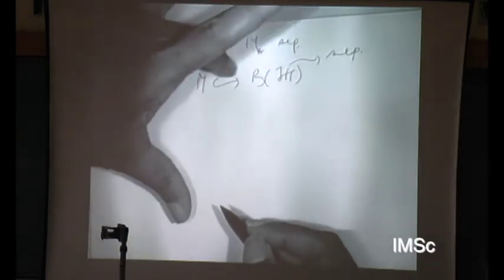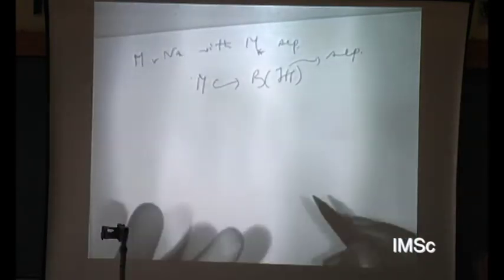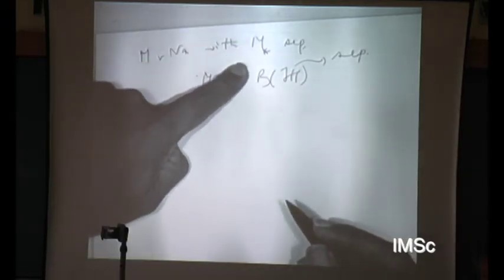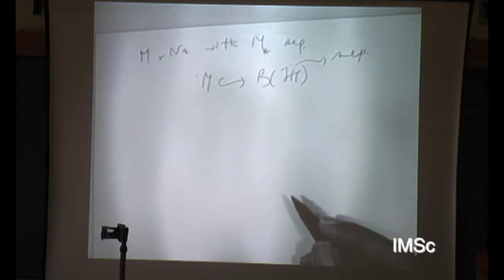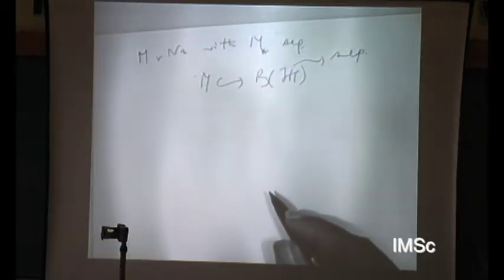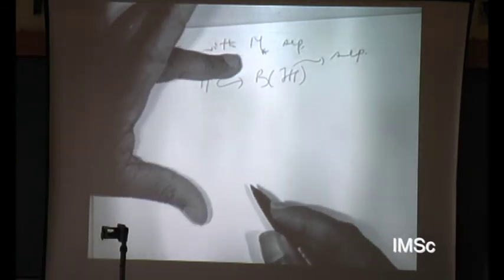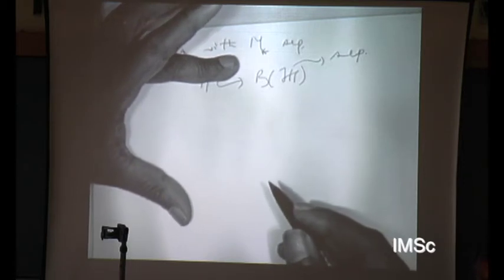Namely, the point is that if you take an element of M lower star which is positive, then that state will give you a normal representation of M. But why does M star have positive states?